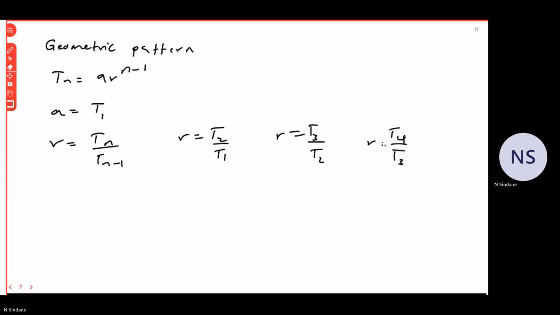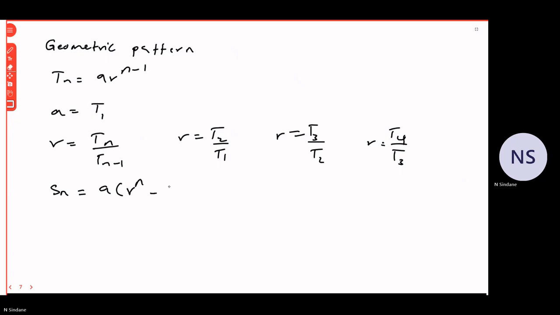And then now we need to know Sn. For this, Sn is a into r to the power n minus 1, divided by r minus 1.